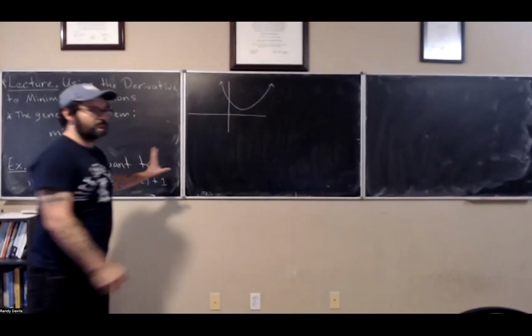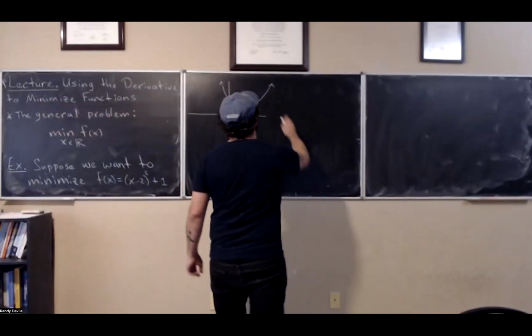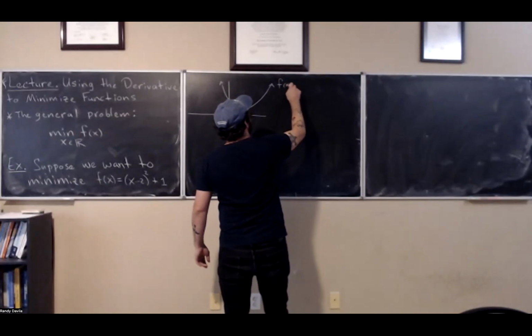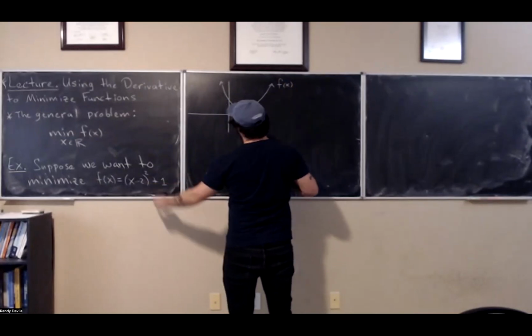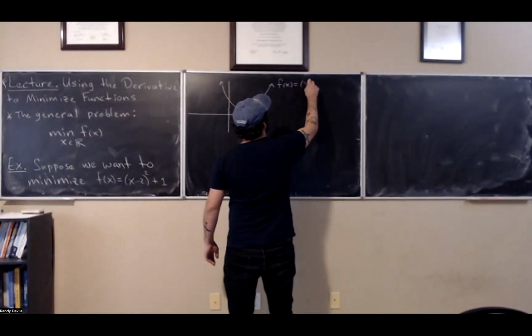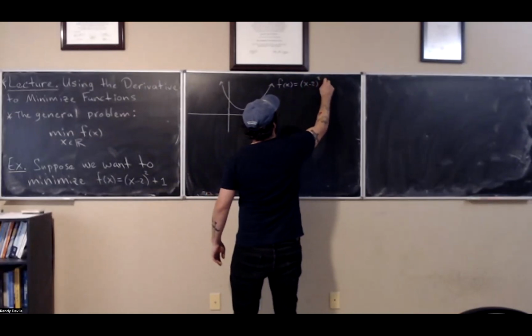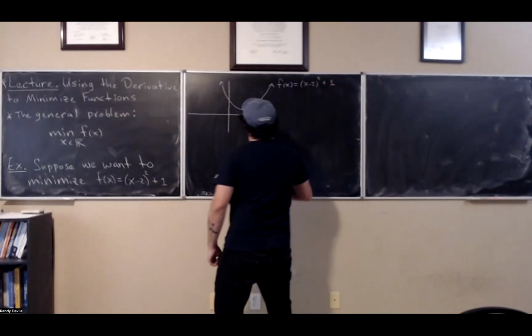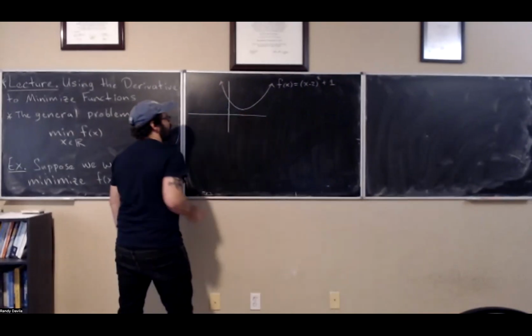So clearly here with this parabola, this is f of x equal to this function. So this has a minimum right there.